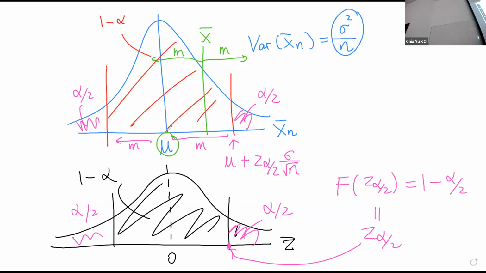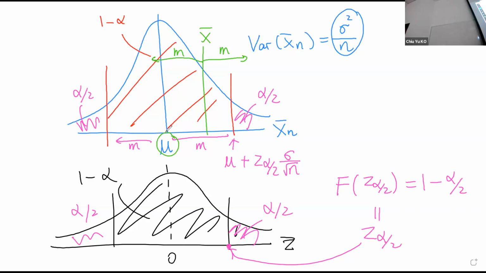Let me repeat the statement. X bar is very likely to be here, and whenever you get X bar, you go left by M, go right by M, and for sure you include mu. So this is why this works. Look at the graph.